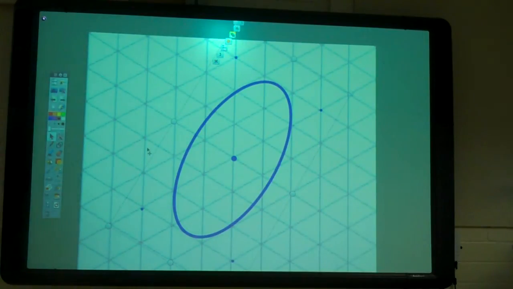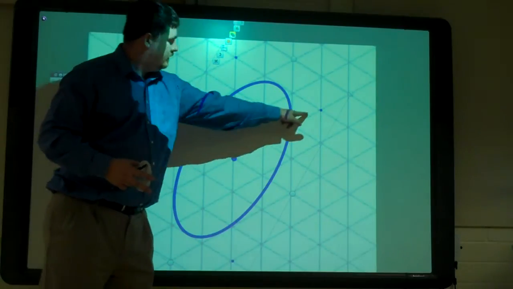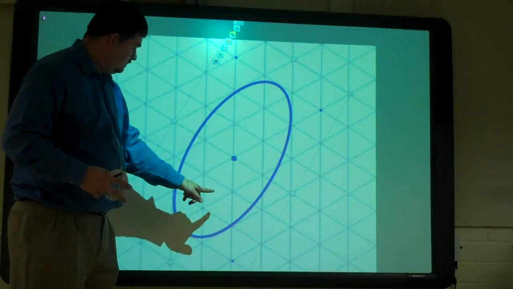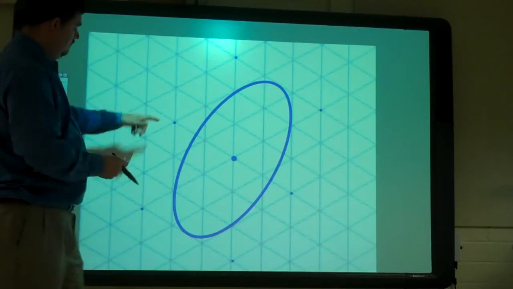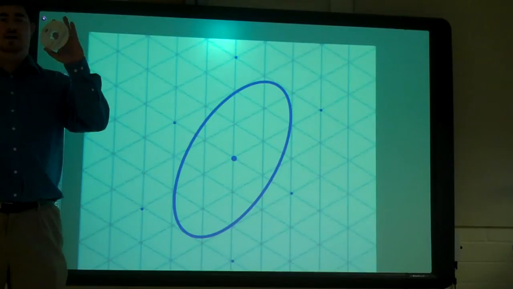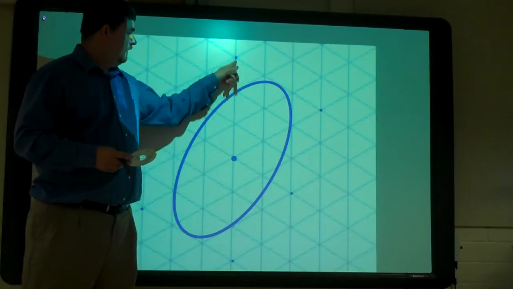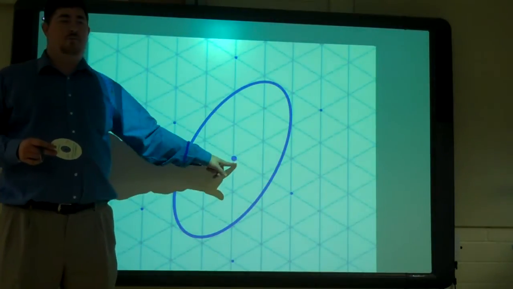Rotate it that way. Still, my dots: vertical, 30, and 30. That's all it is to it. Just make sure that your dots are lined up vertical and on your angled lines from your center.